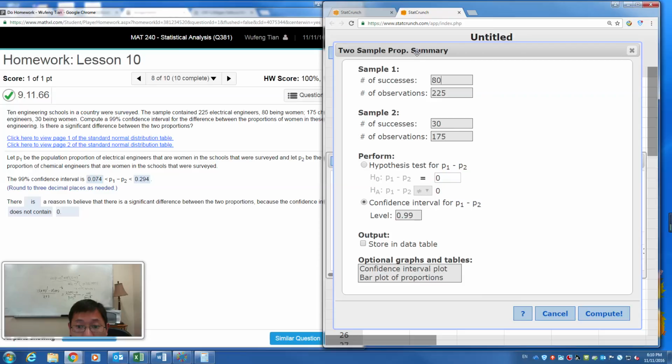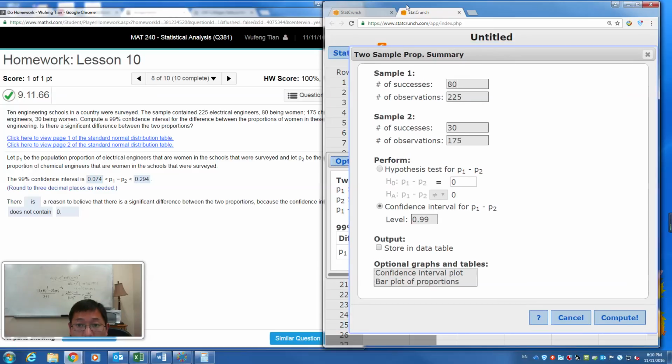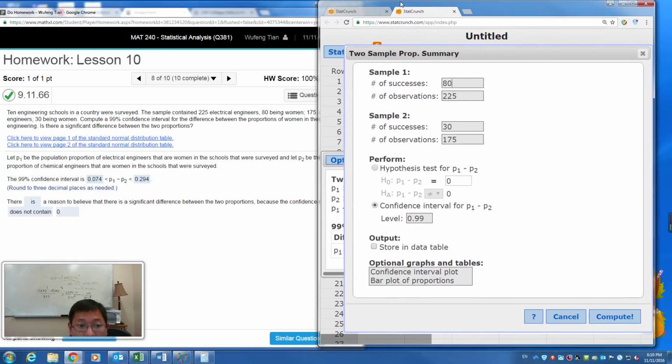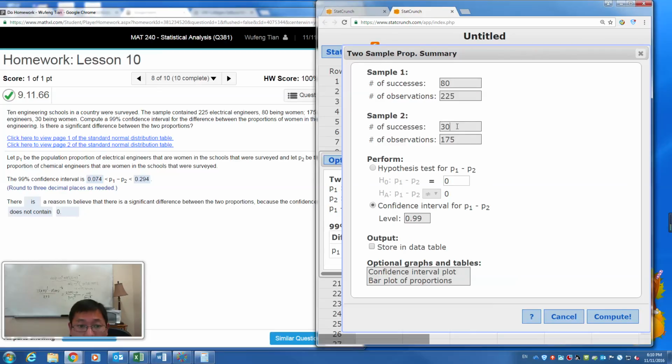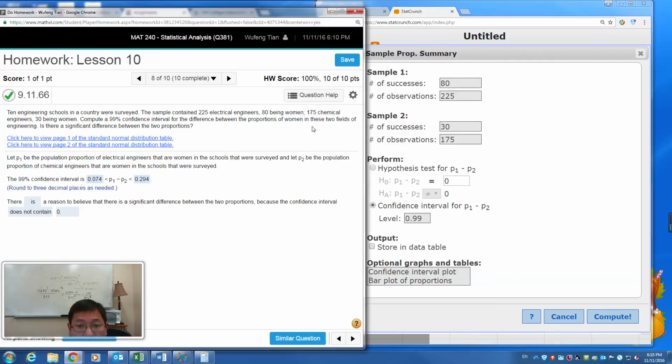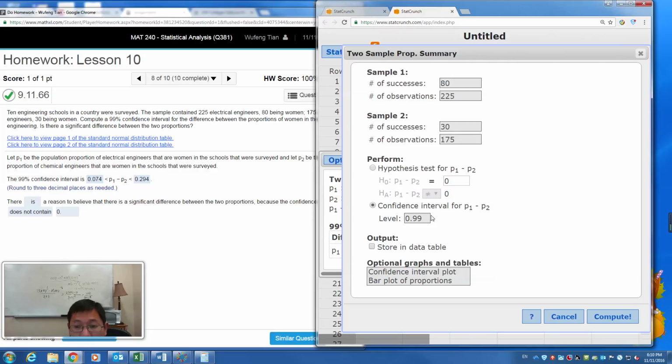30 out of 175. And is there a significant difference between these two? So P1 minus P2, confidence interval for 99%.